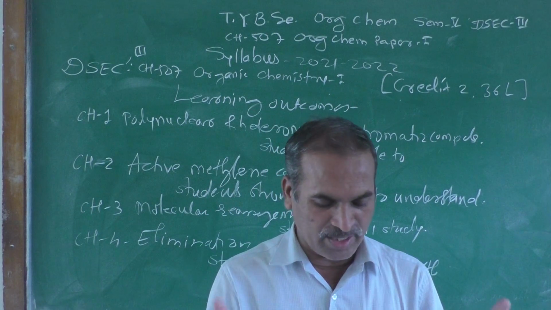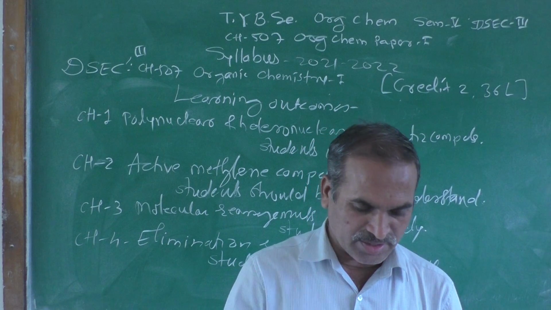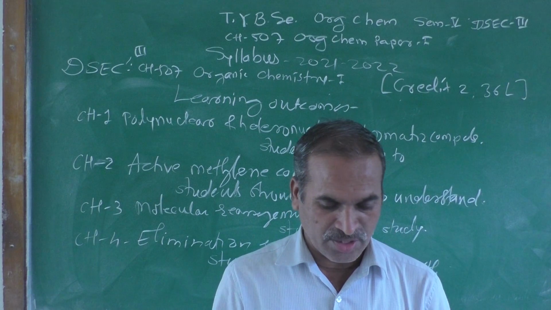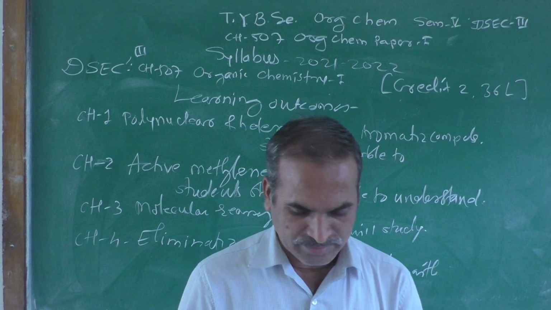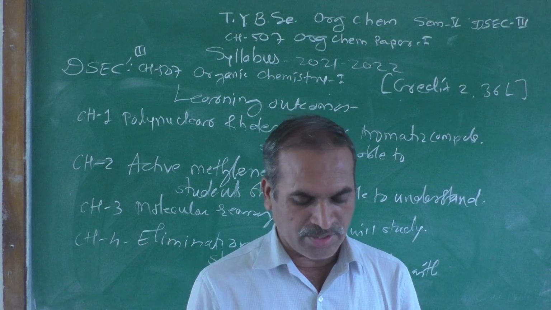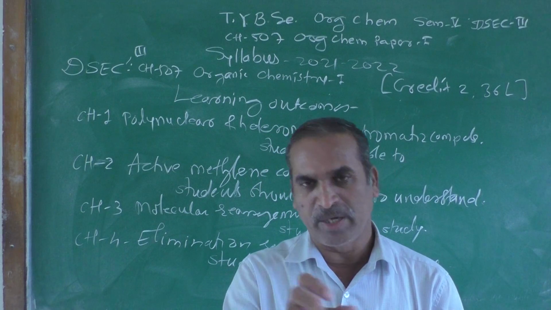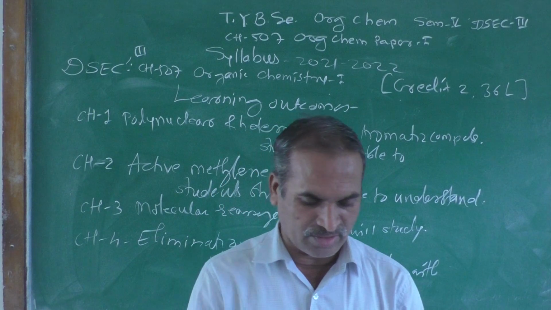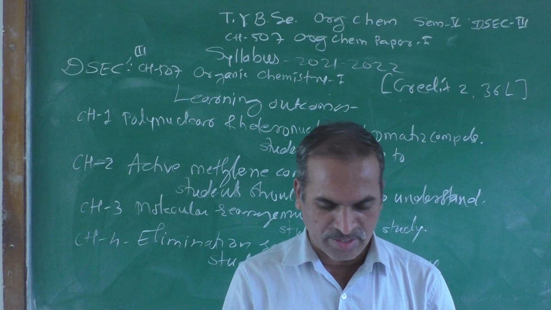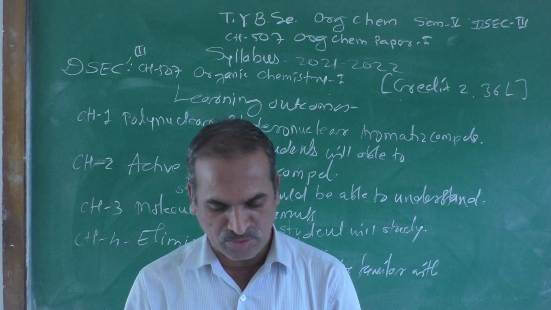Students should understand stereochemistry by using models and learn reactivity of geometrical isomers. Students should be familiar with orientation and reactivity in E1 and E2 elimination.